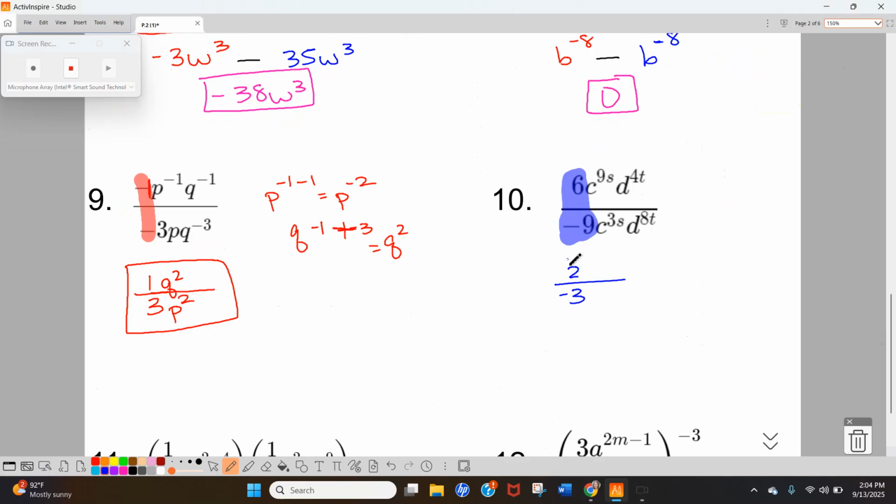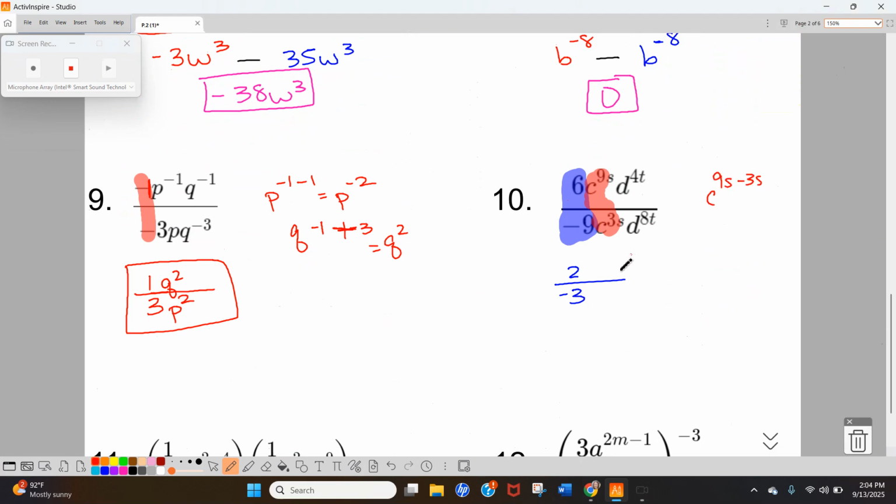All right, for the C's, that's an eraser, not a highlighter. For the C's, you're going to subtract those exponents. So we'll have, why can I not keep up with my colors? We'll have 9s minus 3s.